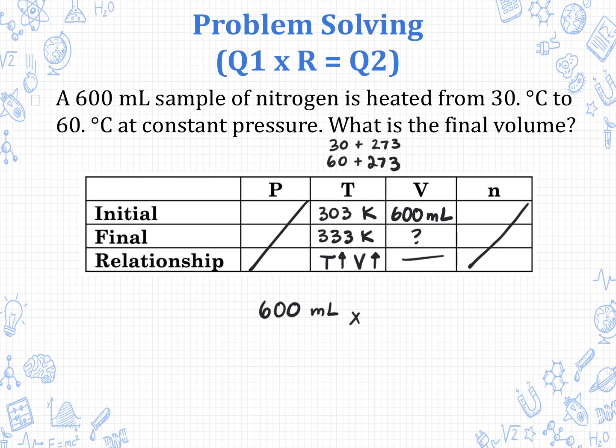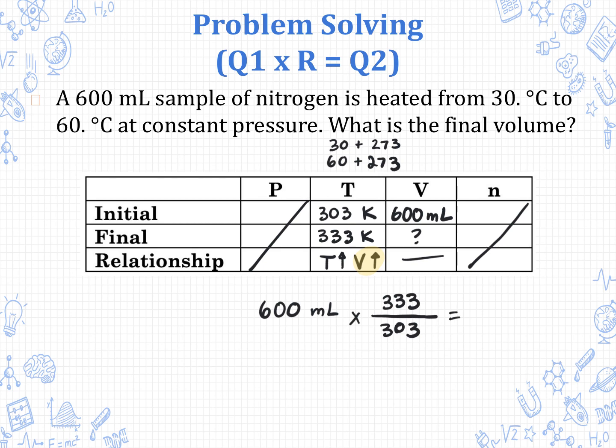Now that we have temperature in the units of Kelvin, we can say the temperature clearly didn't double. It went up by 10% or so. Volume is going to go up by about 10% as well. And we're going to make a fraction with 333 on the top and 303 on the bottom, because we need a fraction that makes volume get bigger.